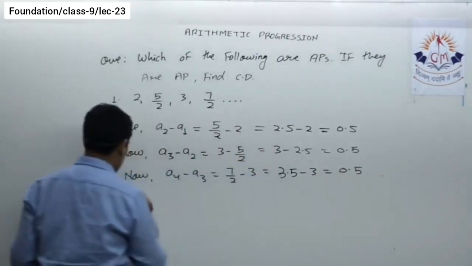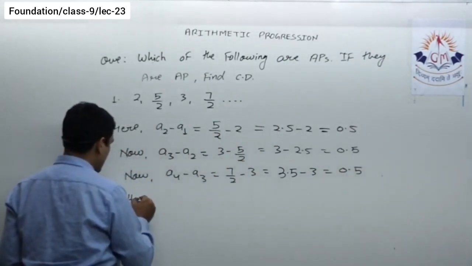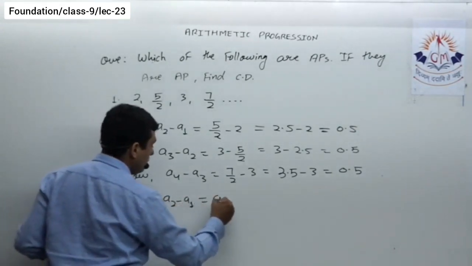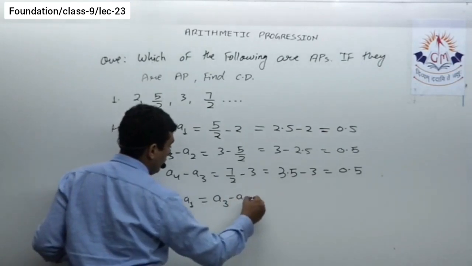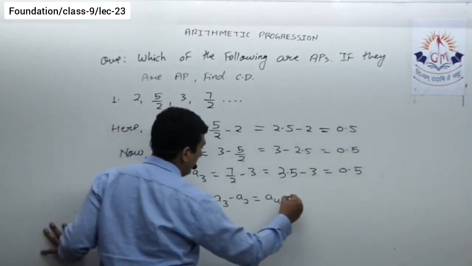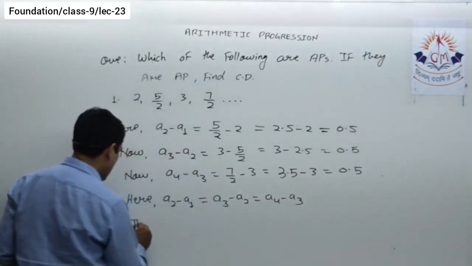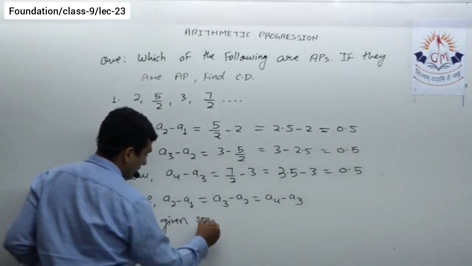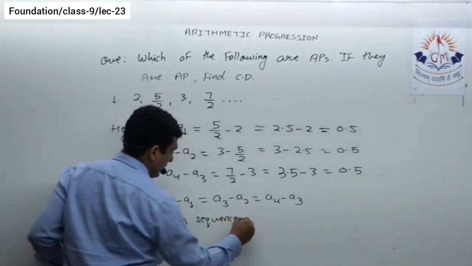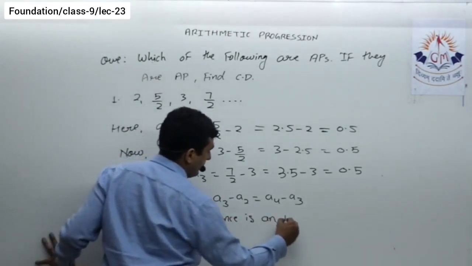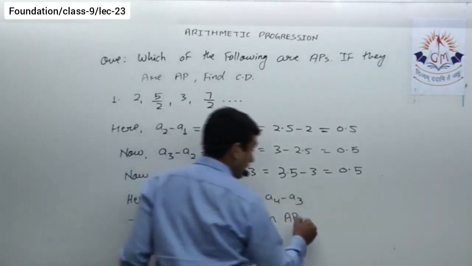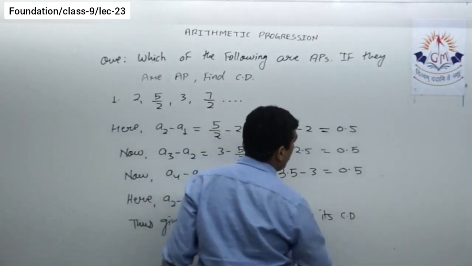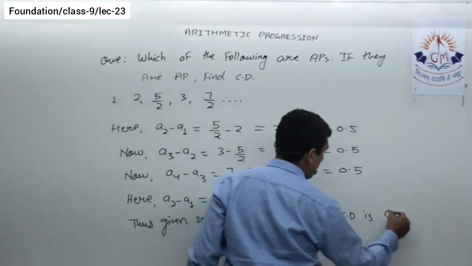So we'll conclude here A2 minus A1 is equal to A3 minus A2 is equal to A4 minus A3. Thus the given sequence is an AP and its common difference is 0.5.